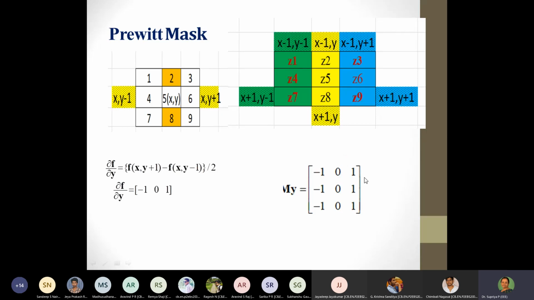So we have obtained Mx and My respectively for the Prewitt mask, and both of them are usually obtained after a prior pre-processing through the average filtering. Next, what is going to be our next mask? The next mask is the Sobel mask.